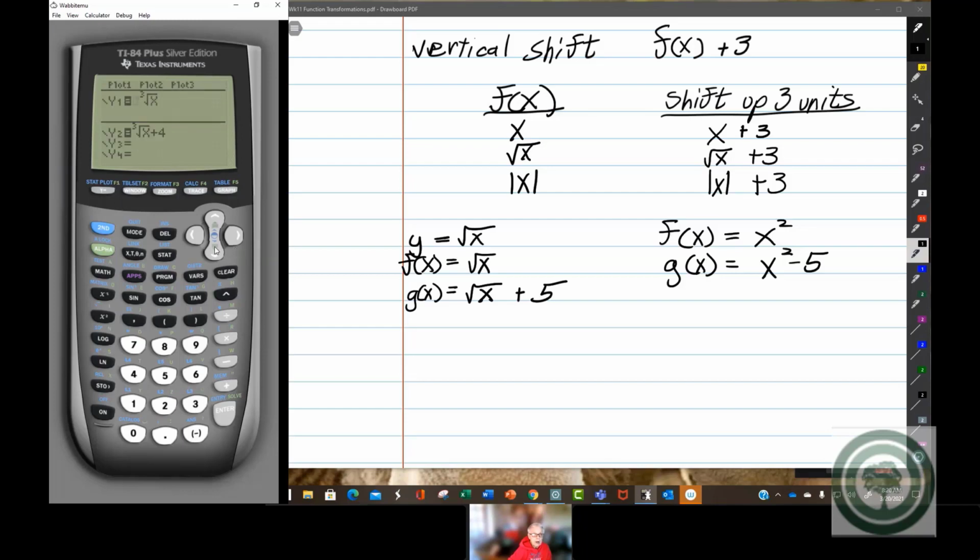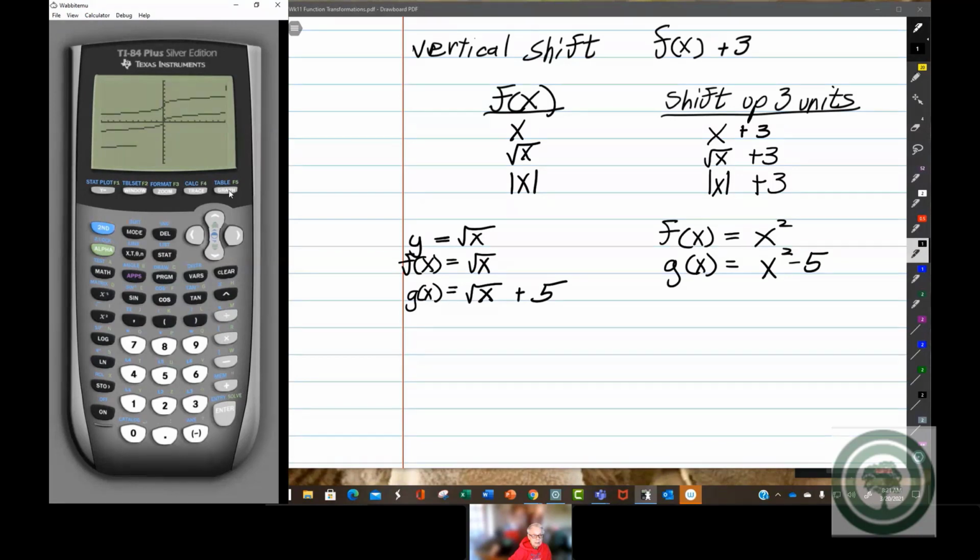Now, suppose I also want to drop it by 4 units, vertical shift down 4 units. Then I would type math 4 x, either right arrow key or close parentheses, minus 4.